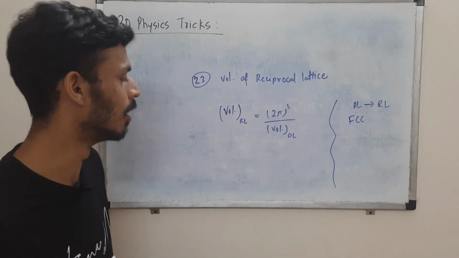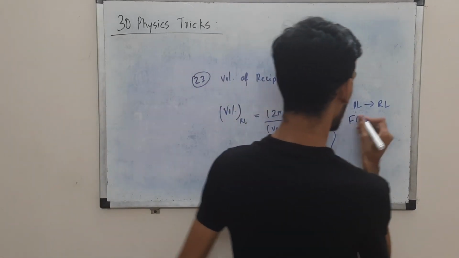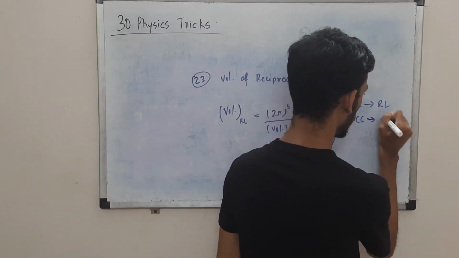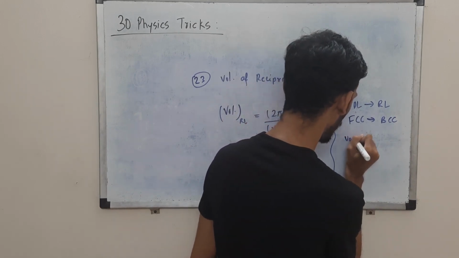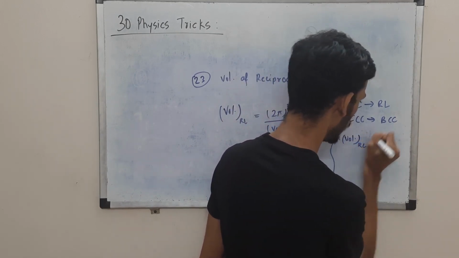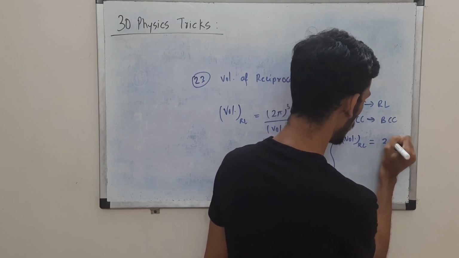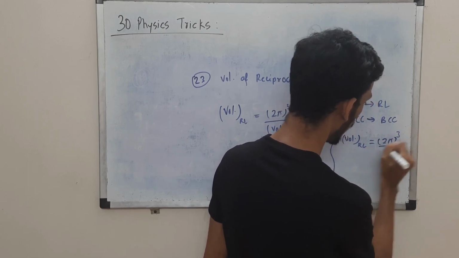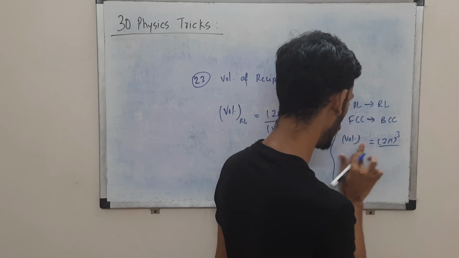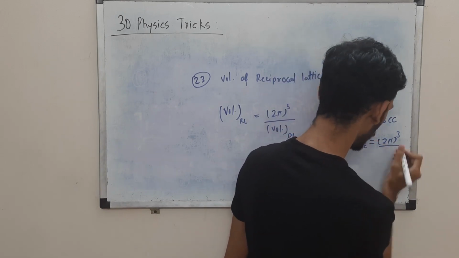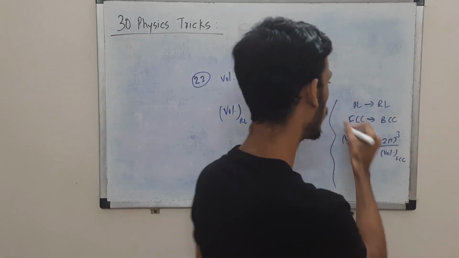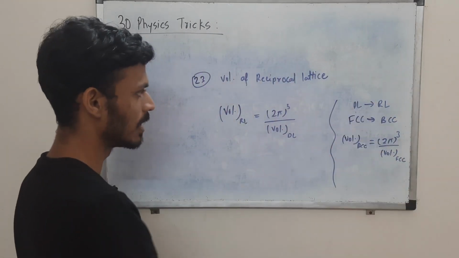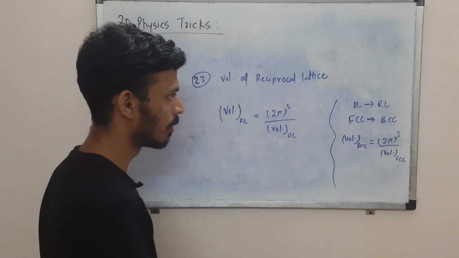Now let's apply it for a case and see. For FCC we know that the reciprocal lattice is the BCC. So the volume of our reciprocal lattice, which is BCC, will be 2 pi cube by the volume of FCC. So we are going from the FCC direct lattice to BCC, which is its reciprocal lattice.